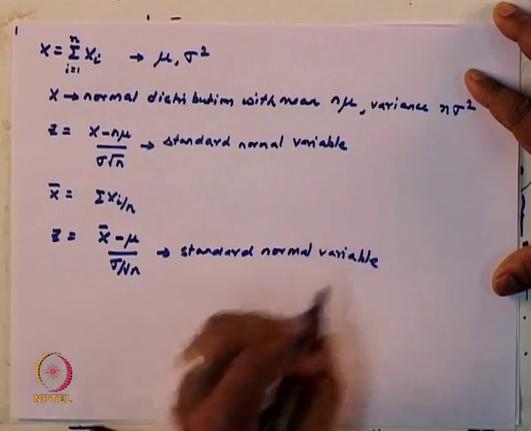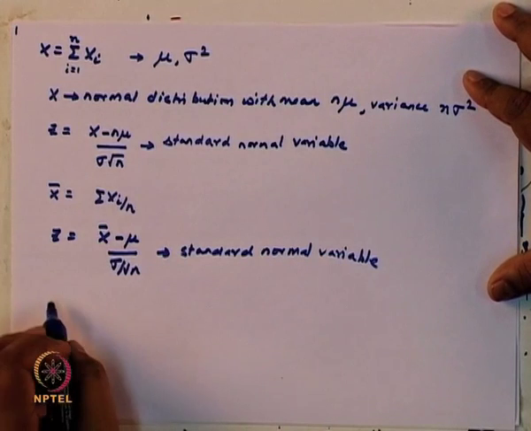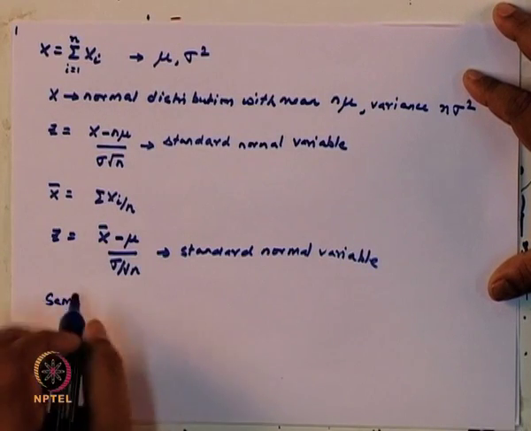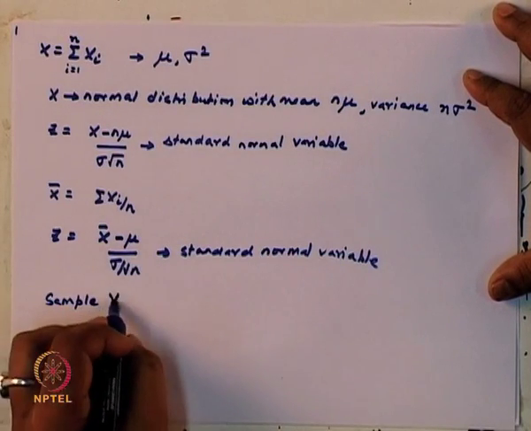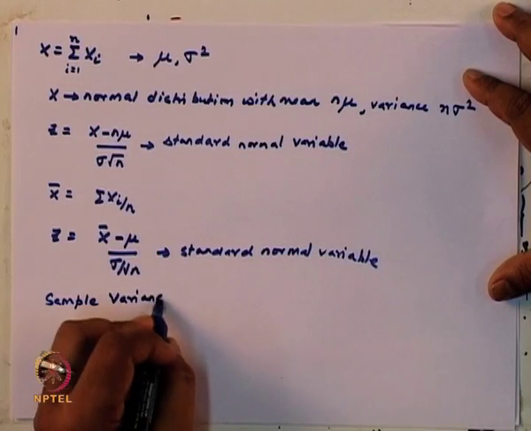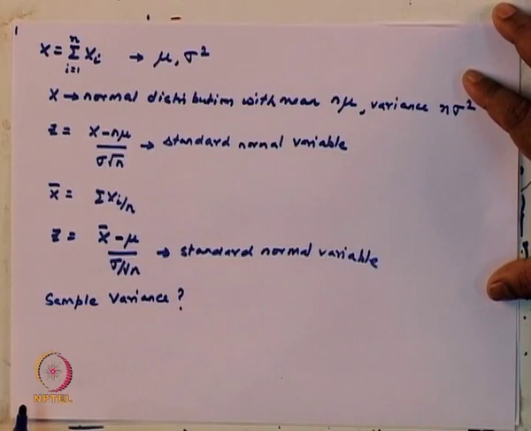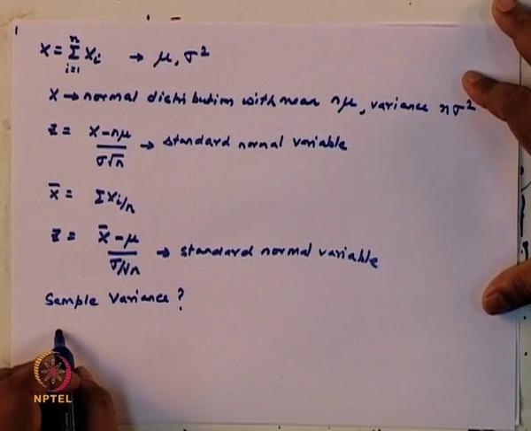Now, what can we say about the sample variance as another metric? How do we define it?